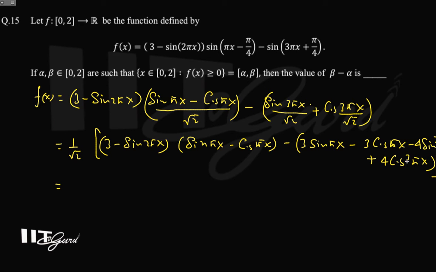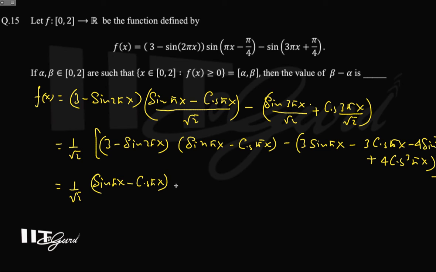When you take minus 4 common, you will find sine pi x minus cos pi x, and this bracket is common. So finally, taking 1 by root 2 common, we get sine pi x minus cos pi x.